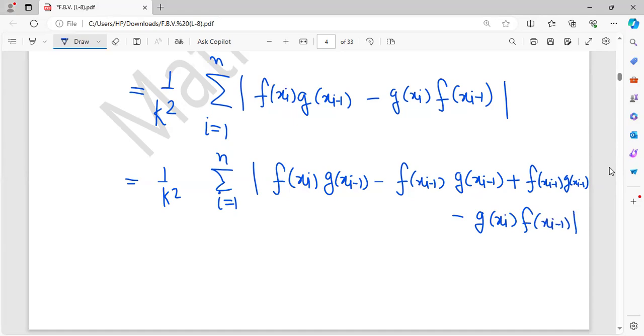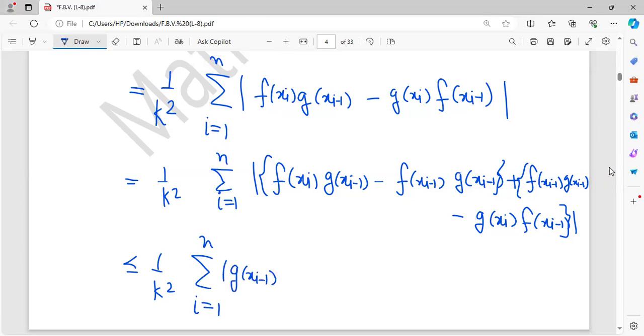Now I will combine these two, and use the triangle inequality. 1 upon k square, summation i goes to... I can take g(x_{i-1}) common from here. So g(x_{i-1}) is here, and this is f(x_i) minus f(x_{i-1}).